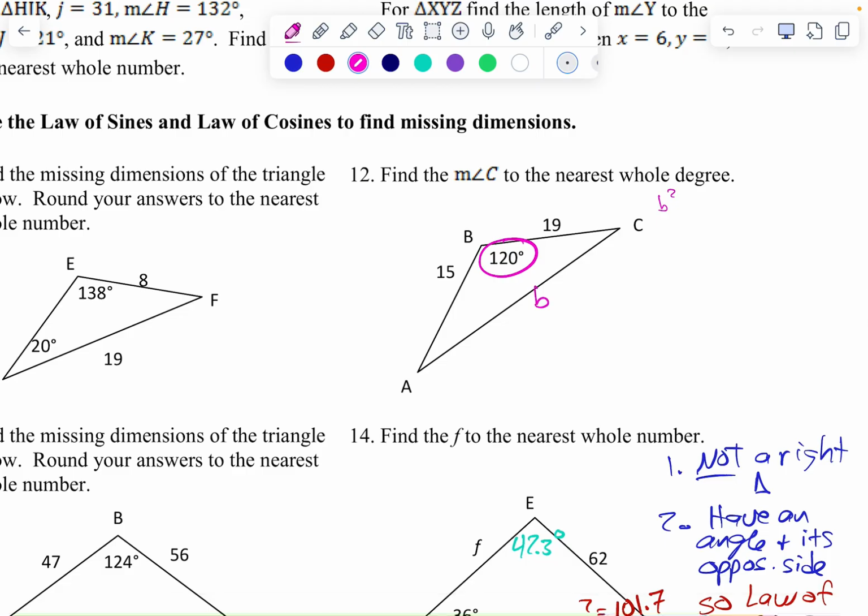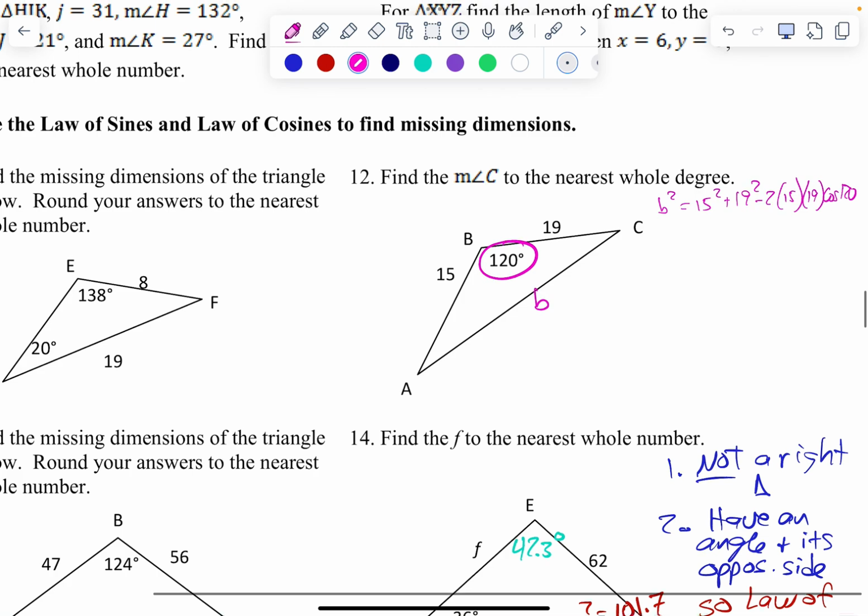So little b squared equals 15 squared plus 19 squared minus 2 times 15 times 19 cosine 120. Okay. So now we go solve for that. I think I'm just going to put it all in the calculator, but we do have to square root the whole thing.